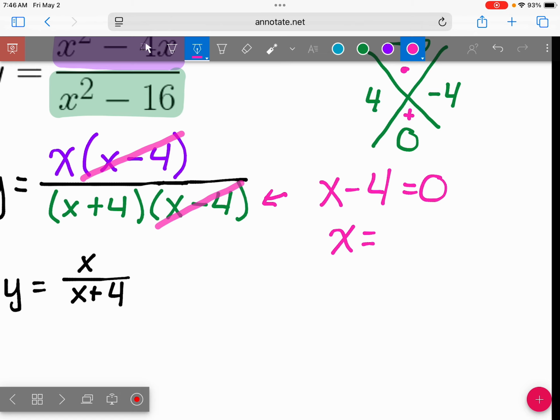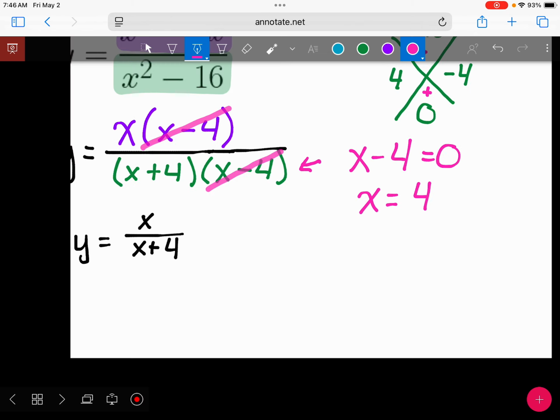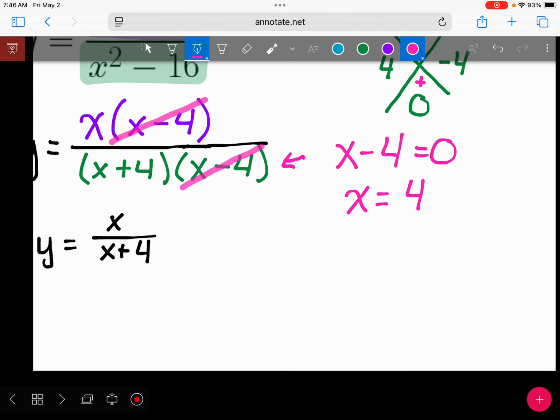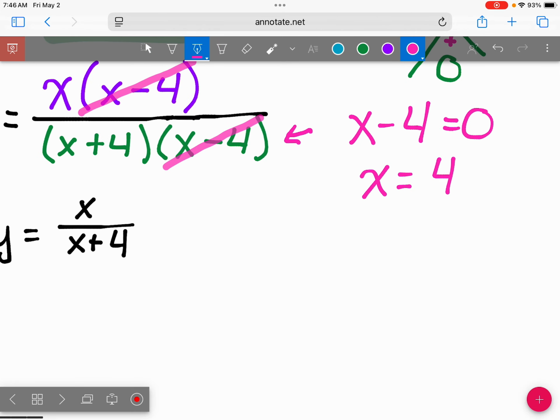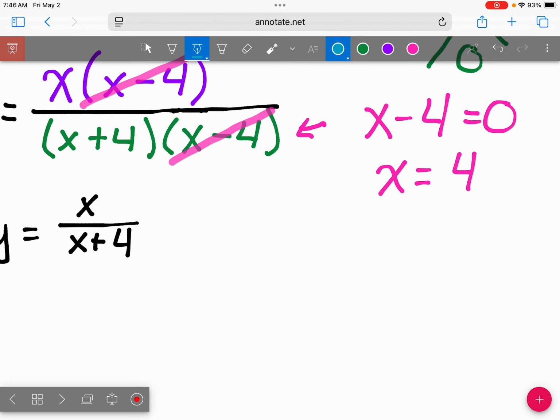When x equals 4. The one that crosses out is the one that causes the discontinuity. It's always the crossy outy guy.